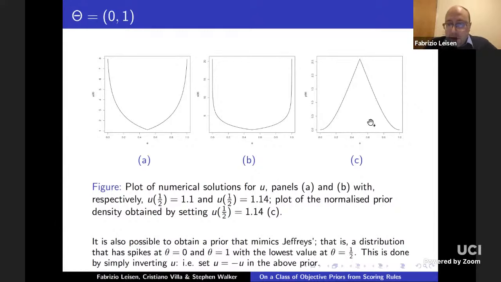Panel C is the prior, so the exponential of minus u normalized, for the case of panel B. We can appreciate the discontinuity in 1/2. If we want to mimic the behavior of Jeffreys prior, you just have to set u equal minus u in the previous procedure.